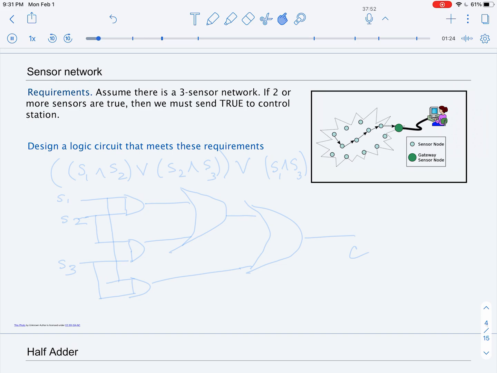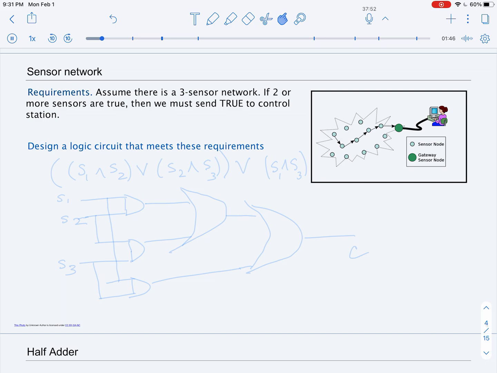So in order to create a logic circuit that meets these requirements, we would have to have our 3 inputs, and we would have to check the logical AND of the 3 pairs of those sensors and then take their OR. So let's see what this looks like.